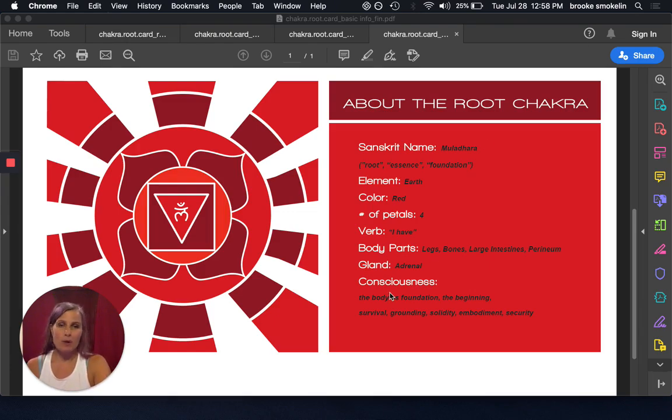The body parts that we are activating and working with when we work on the root chakra energies are the legs, the bones, the heavy parts of the body, the large intestine, and the perineum. The gland associated with the root chakra is the adrenal glands.